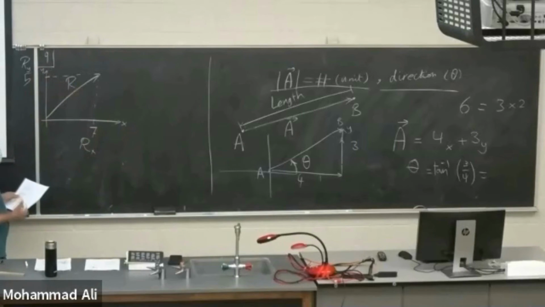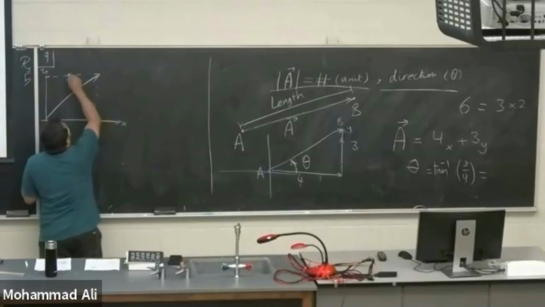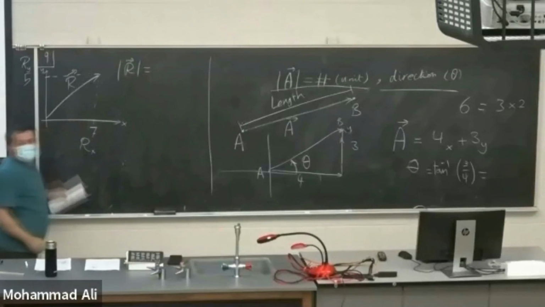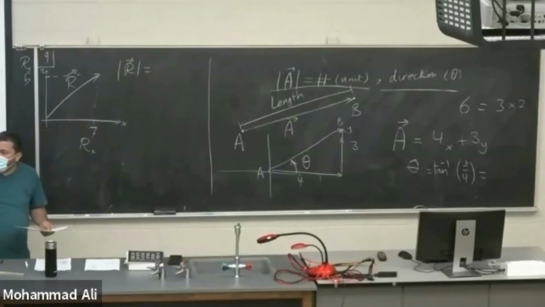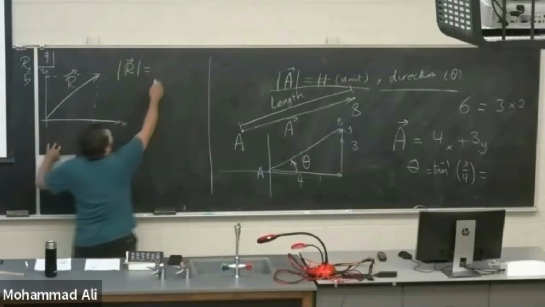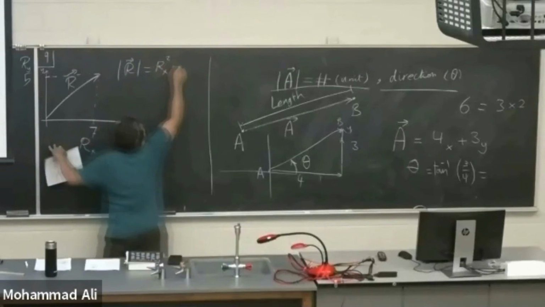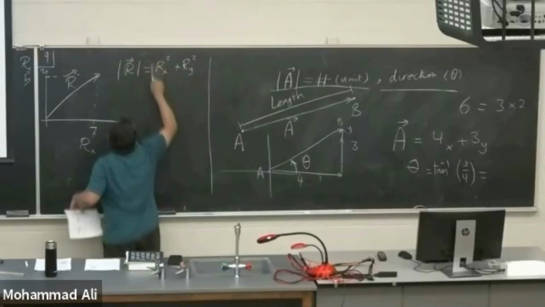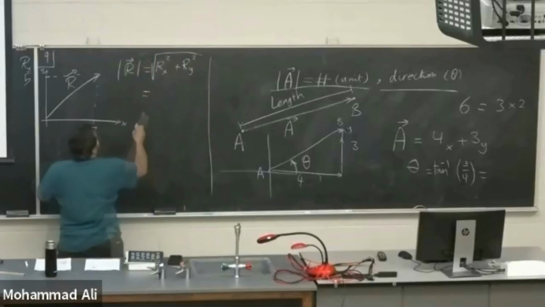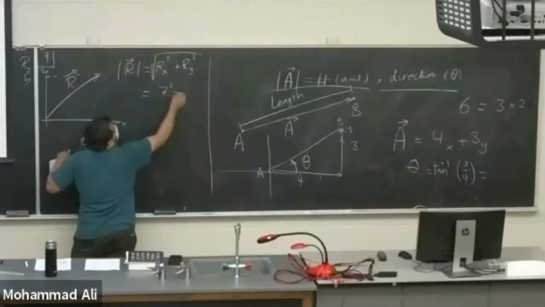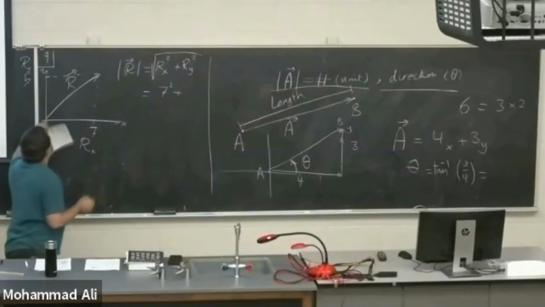Okay, what if I ask you, what is the length of R? Can we find it? How? We need to use the Pythagorean theorem, which is the square root of Rx squared plus Ry squared, which is equal to the square root of 7 squared plus 5 squared.